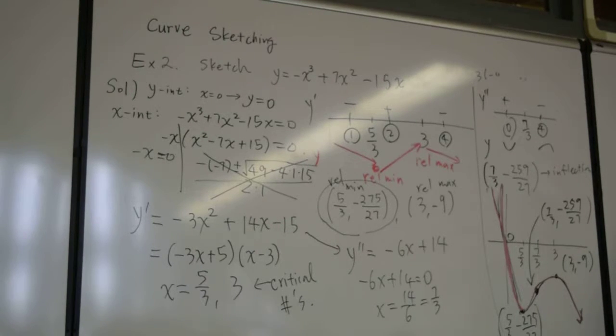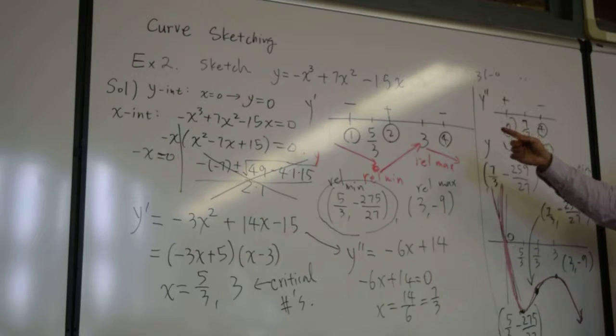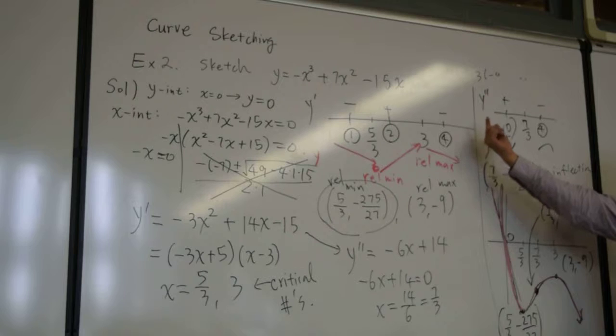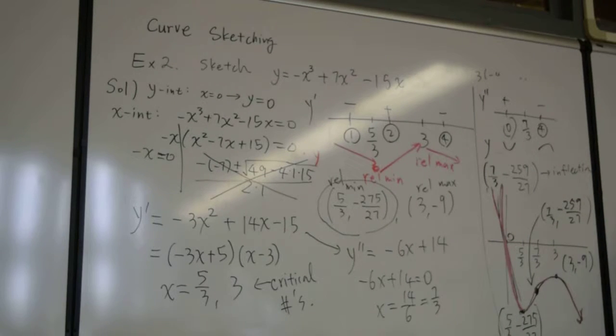And if it has any asymptote, you should figure that out too. This one doesn't have an asymptote because it's a polynomial. Actually, if you recall what you learned in pre-calculus, you also learned the end behavior. If it's negative x to an odd power, the end behavior goes this way and that way. So that also helps.